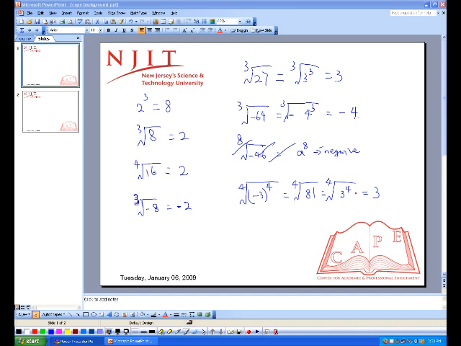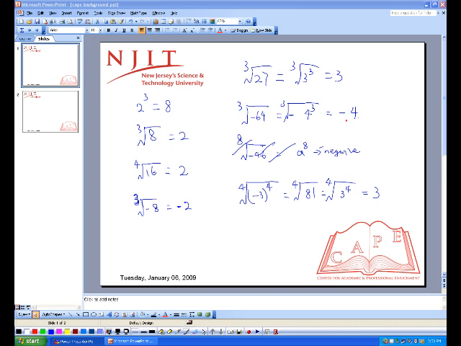So, in conclusion, the nth root is just the reverse process of the power. So if 2 to the third power is 8, then the third root of 8 is 2. And another thing you have to learn is that if the root is odd, then you could have a negative solution.